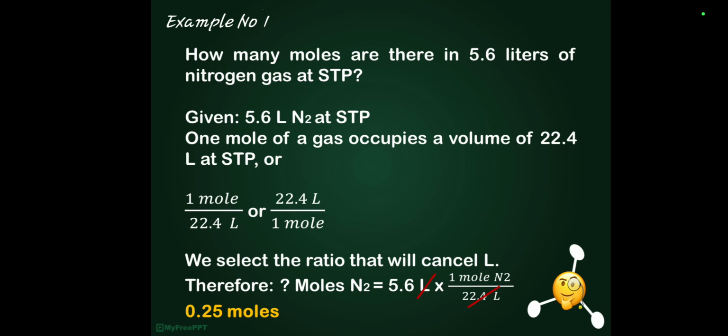So now cancel the units. We have liter here. Since we've already canceled the units, let's go with the process of calculating it. 5.6 times 1 is equal to 5.6, divided by 22.4, the result will be 0.25 mole, because the only unit left is mole.